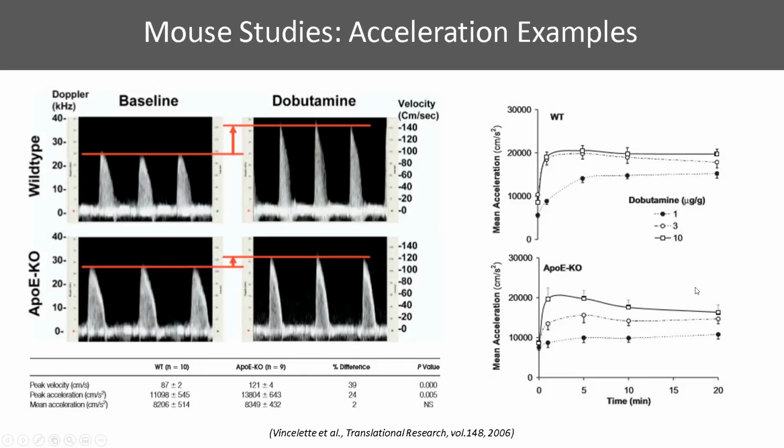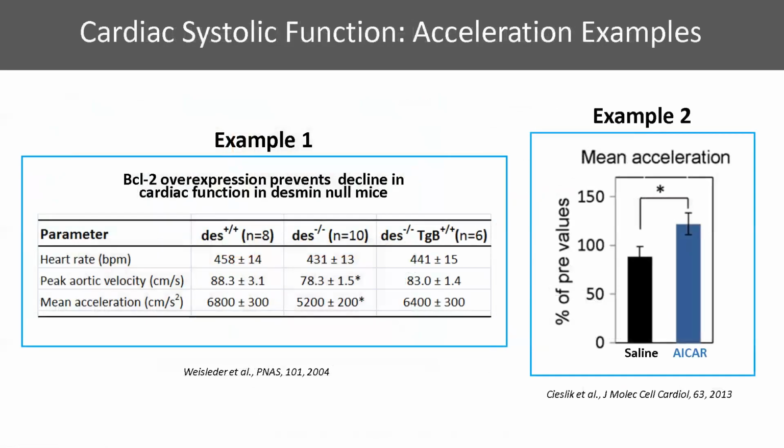You can see that at 3 microgram per gram of dose, the ApoEs didn't respond as well as the wild type. And going from 3 to 10 didn't matter in the wild type because it was already saturated, whereas this group had to use a higher dosage to get to the maximal response of aortic acceleration.